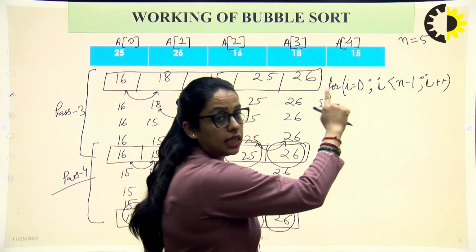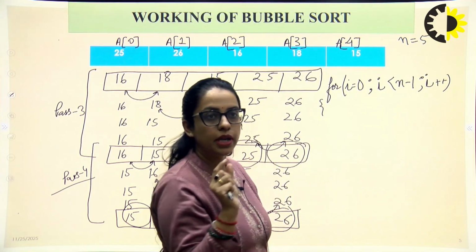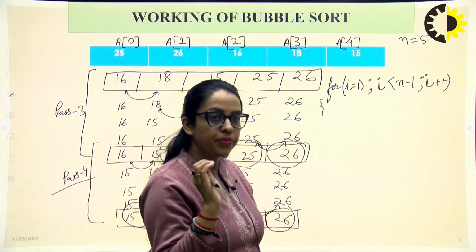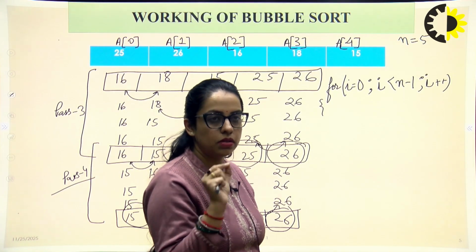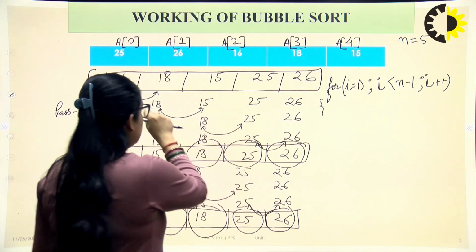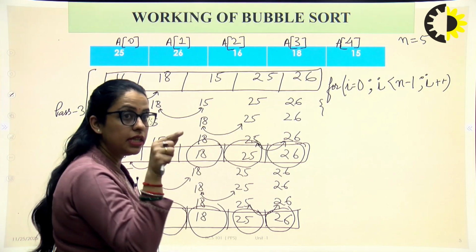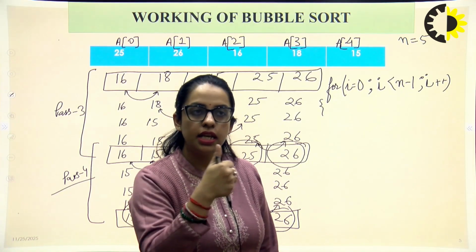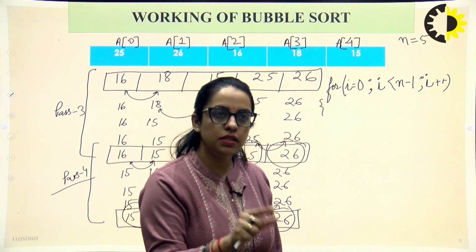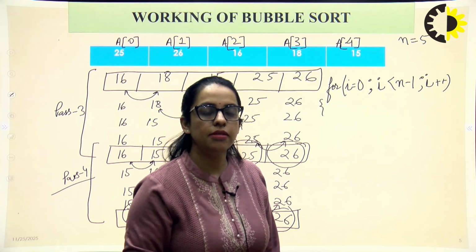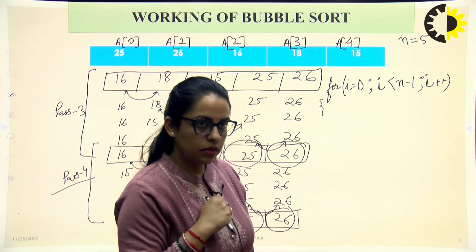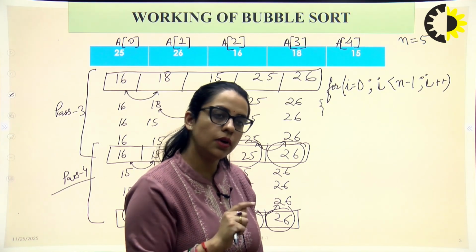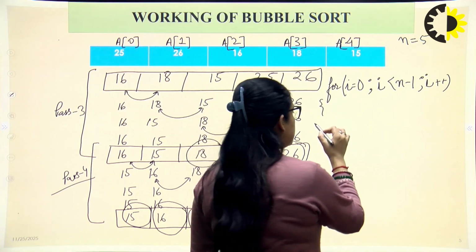So this loop is for the number of passes. And now we are going to write an inner loop also. This inner loop is for the number of comparisons within a pass. Okay? तो ये हम discuss कर चुके हैं कि n number of elements के लिए n minus 1 passes होंगे और हर एक pass में कितने comparisons होंगे? 4. Not every time, but if we are taking n equals 5. तो number of passes भी कितने होंगे?